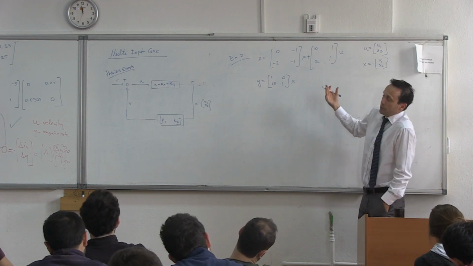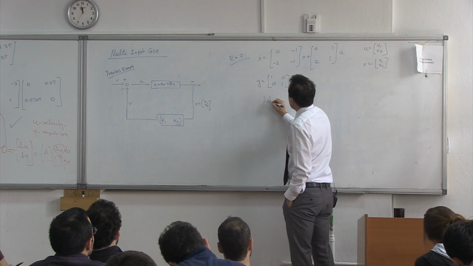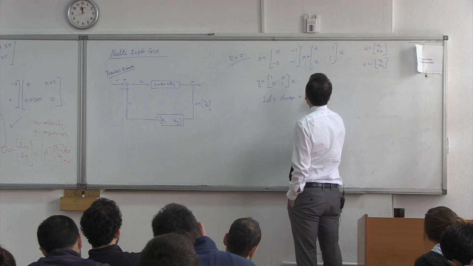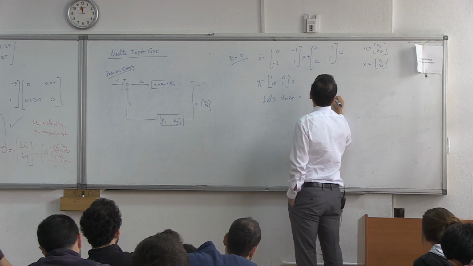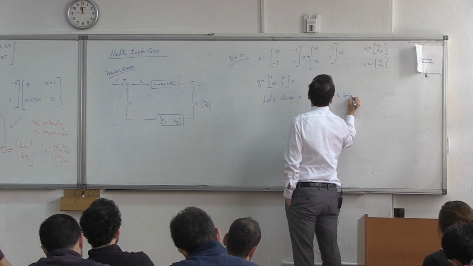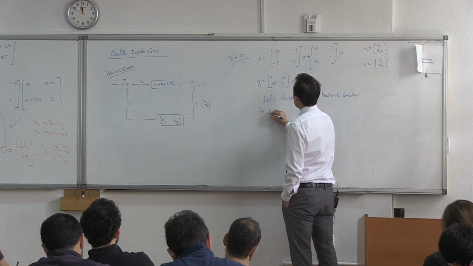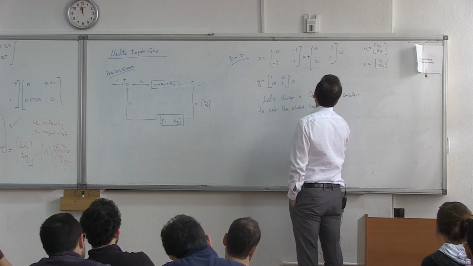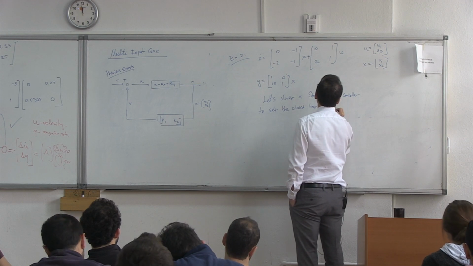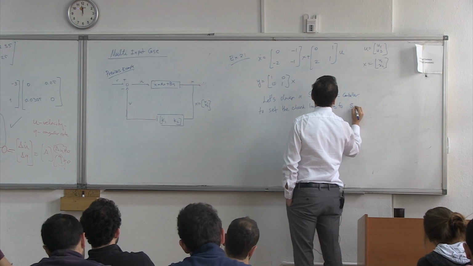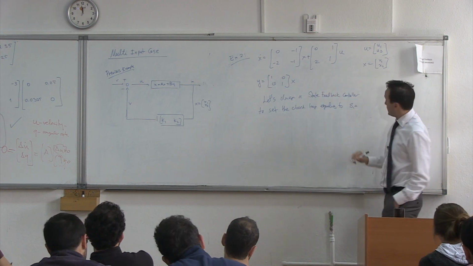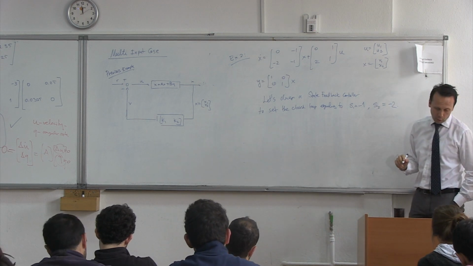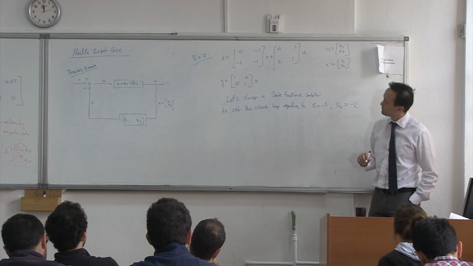Let me make it a simple question and say, let's design a state feedback controller to set the closed loop eigenvalues to, let's say, S1 is equal to minus 1, S2 is equal to minus 2. Okay? Let's look at that.